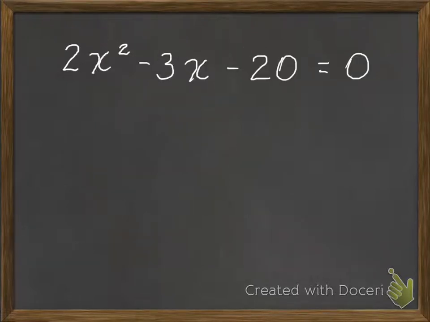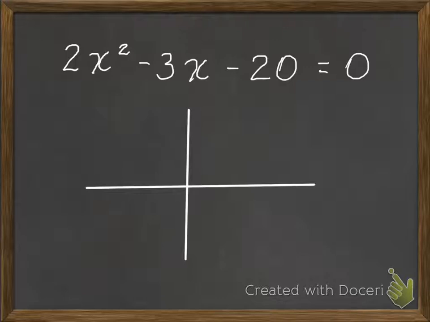Now, one thing to understand about solving quadratic equations is what we're actually doing when we solve them. A quadratic equation, when we graph it, is in the form of a parabola.